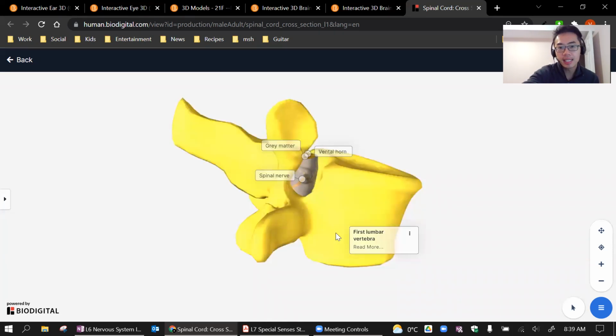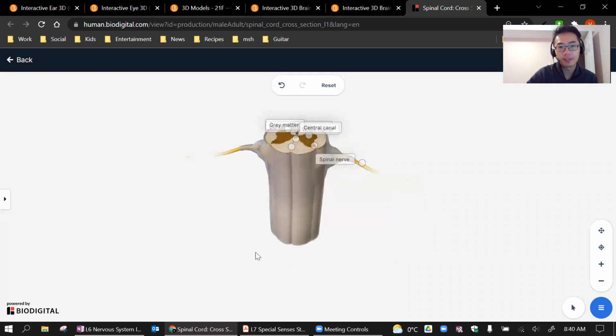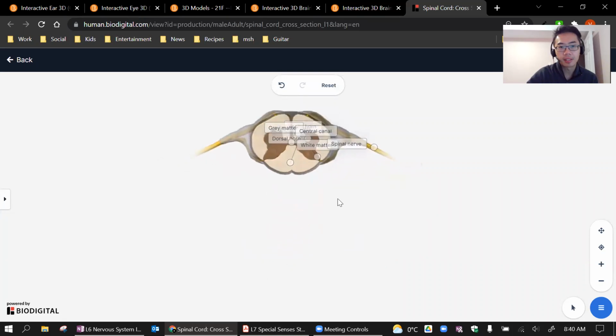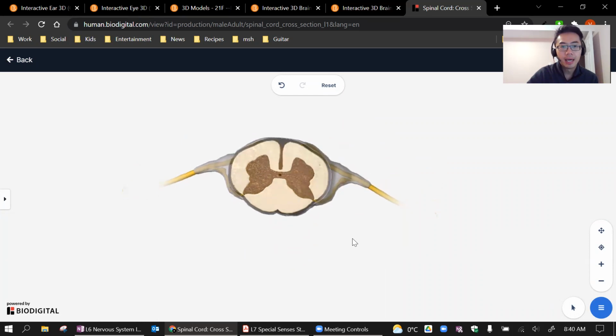Okay, so I'm going to delete the vertebra, and you can see here is our lovely spinal cord, and I'm going to rotate it so you can see it. Labels are kind of in the way all the time. Okay, so here we go. Again, you can see that this looks like a butterfly, right?